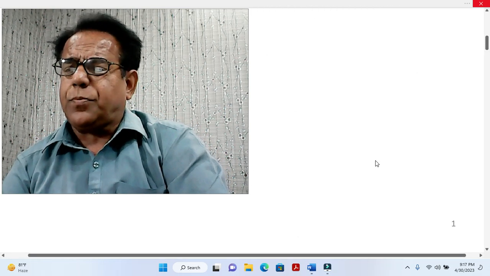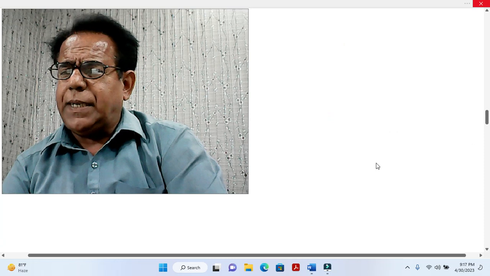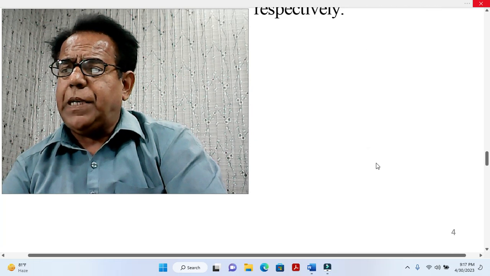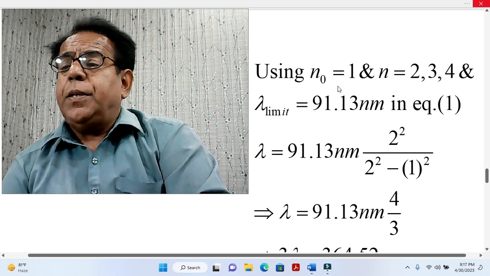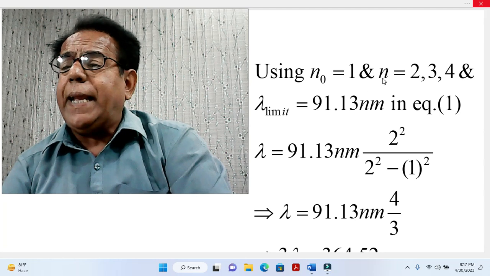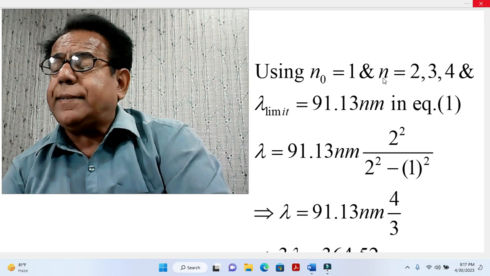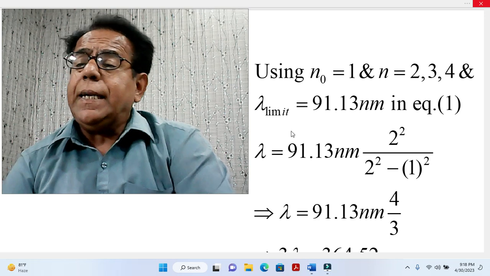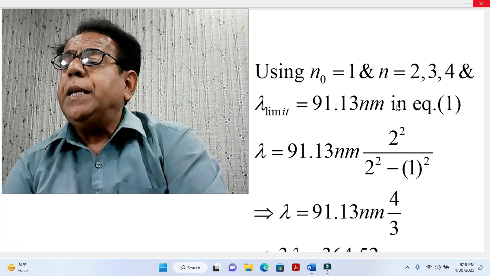The matter is simple, no confusion. Solution: using n naught equal to 1, because we know that for Lyman series n naught is equal to 1 and n always starts one step ahead of n naught, because n is equal to n naught plus 1, and lambda limit is given in the statement. So these two values we will put in equation number 1.